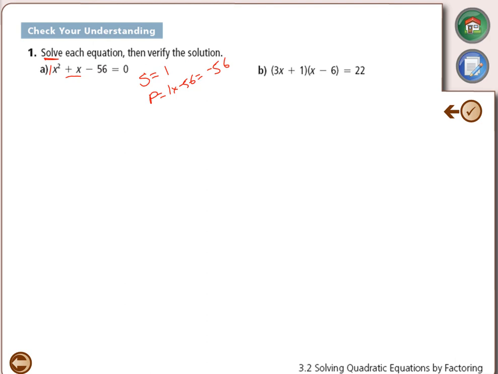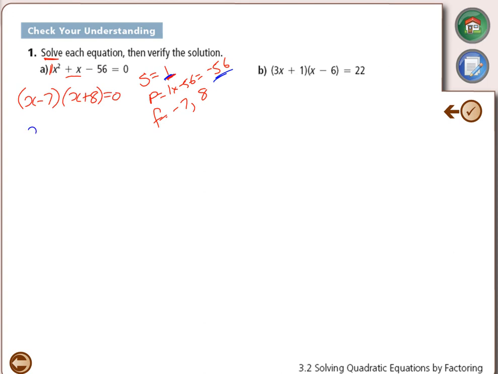Because it's a negative product, I need one positive and one negative, and they have to be 1 apart. The two numbers are going to be negative 7 and positive 8. I need the larger of the two numbers to be positive to get a positive sum. Because 1 is the leading coefficient, I can jump straight to the answer: x minus 7, x plus 8 equals 0. And then use that zero product property.